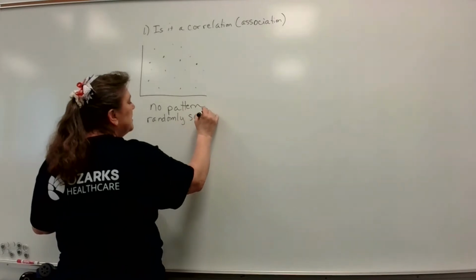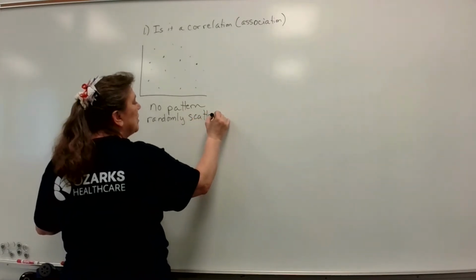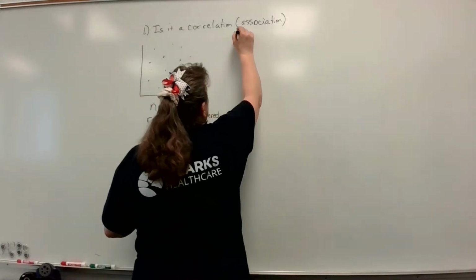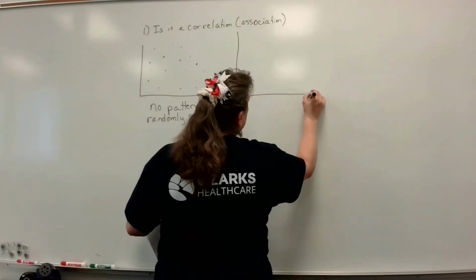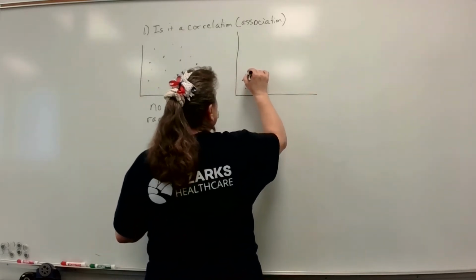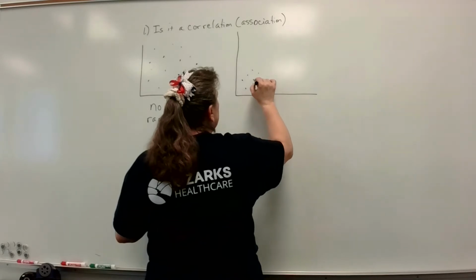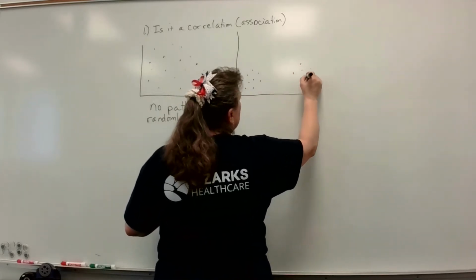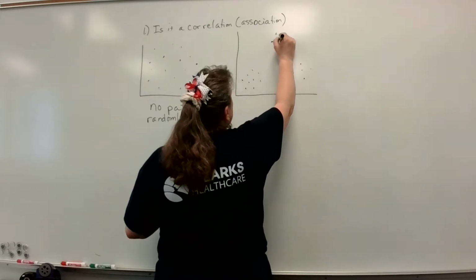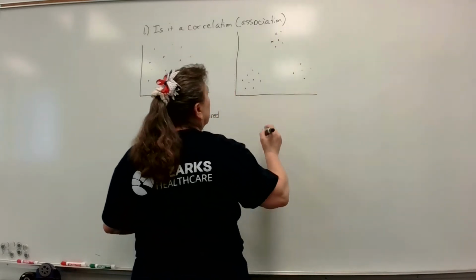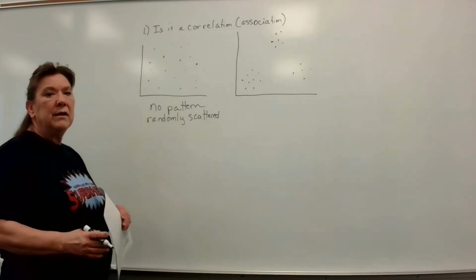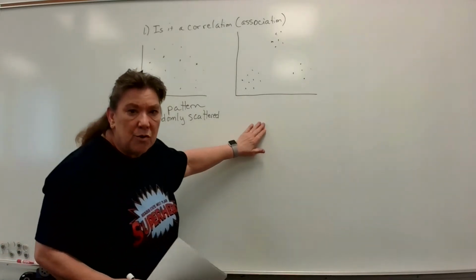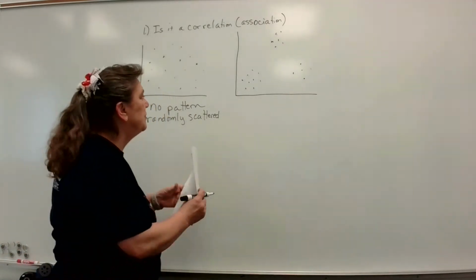So therefore, this one has no correlation. Another one they might give you might be something that's grouped up in one place and then grouped up in another place and maybe even a third place. Okay? Again, that one has no correlation or no association.